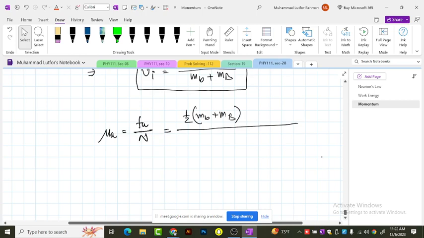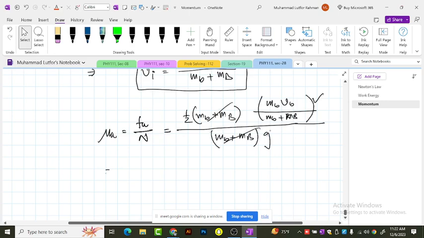Vi is this one, which is mass of the bullet divided by m plus mb, whole squared, right, divided by N. N should be mb plus mb times g, right? Then you can neglect this part. This should be cancelled out.